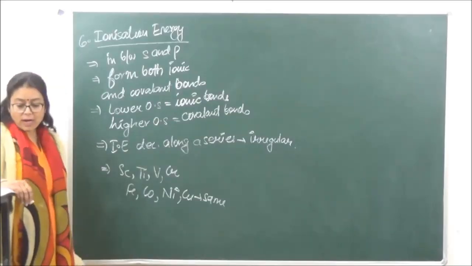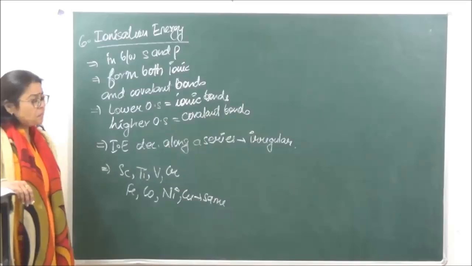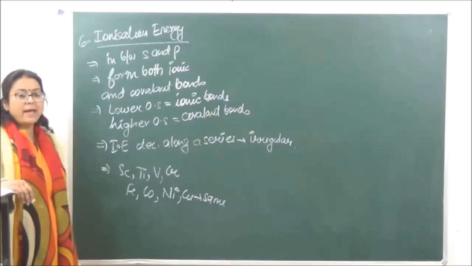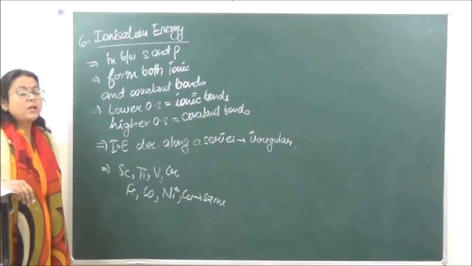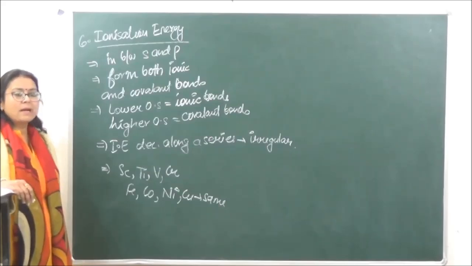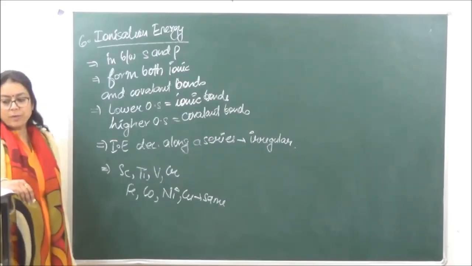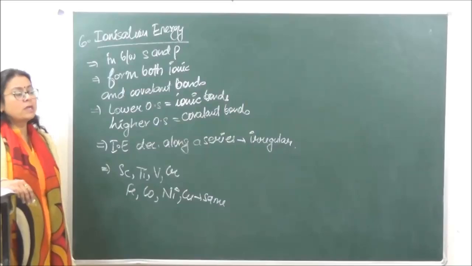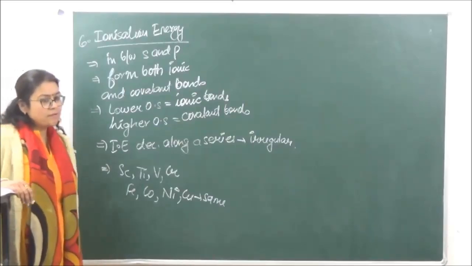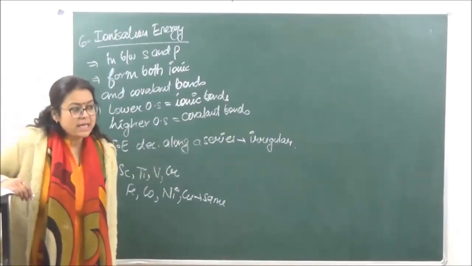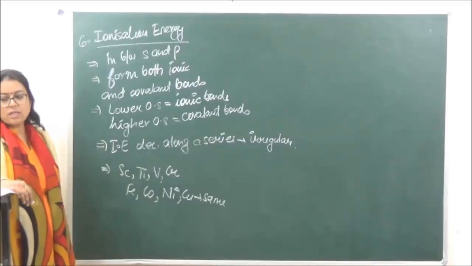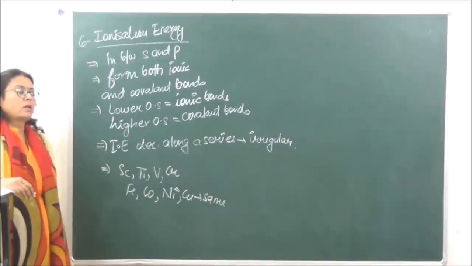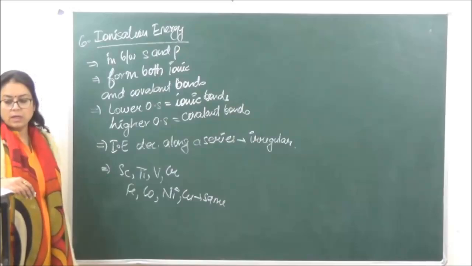Okay, so if the screening effect is increasing and the nuclear charge is also increasing, a time comes when both become equal. So the nuclear charge is neutralized by the screening effect, as a result of which the sizes become equal and the ionization energies are also going to be equal.